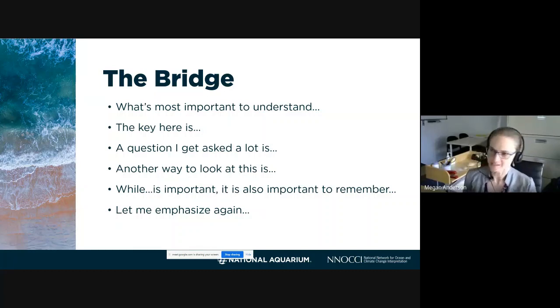The key here is, a question I get asked a lot is, another way to look at this is, while weather is important, it's also important to remember, or let me emphasize again. These are very generic statements, and I usually pick my favorite, like the key here, which I use fairly often.